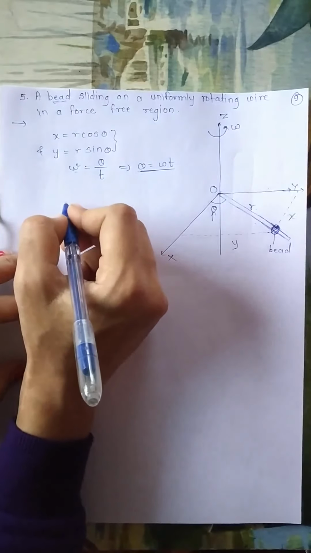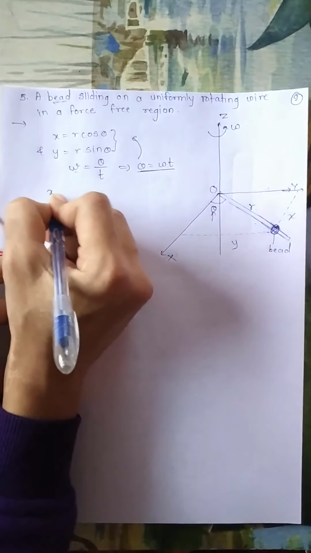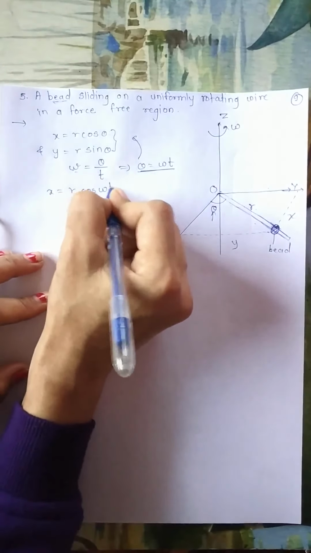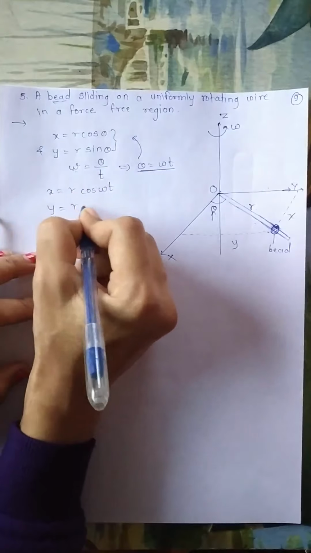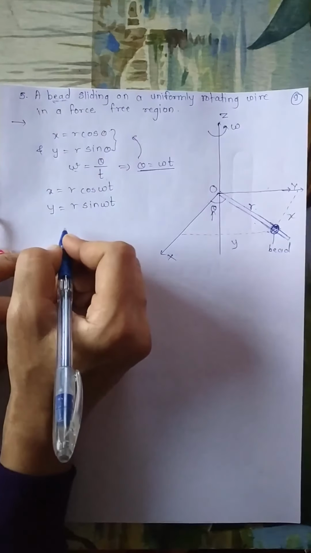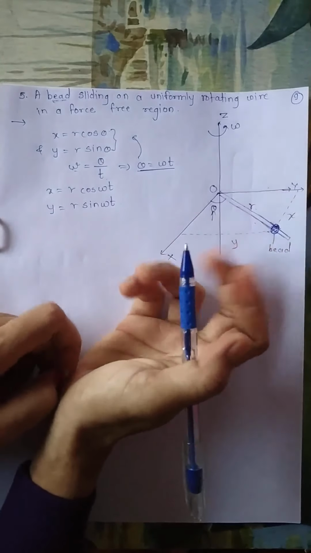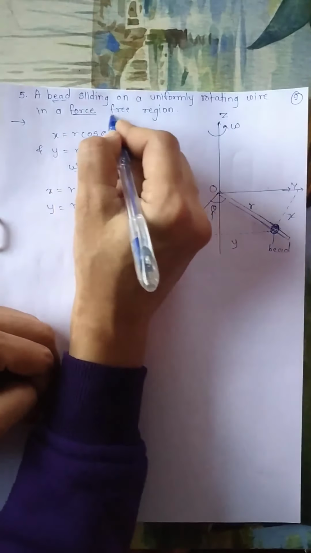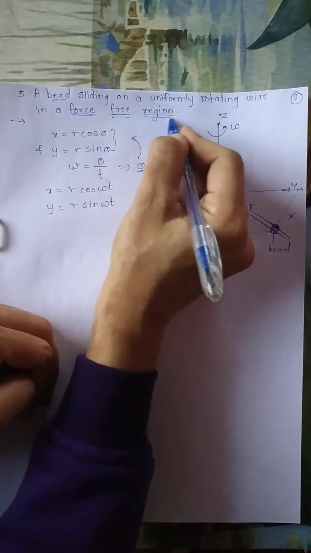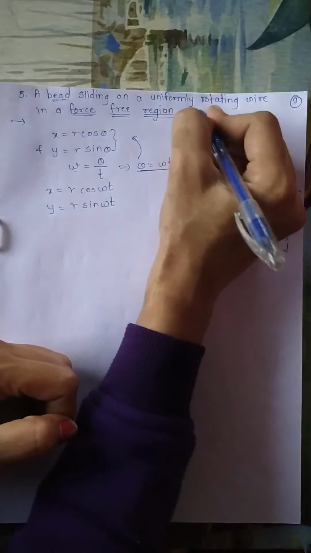Now if I substitute this theta over here, I will get x equals r cos omega t and y equals r sin omega t. Now to find the kinetic energy, note that there is a force-free region. If it is a force-free region, it is obvious that the potential will be zero.